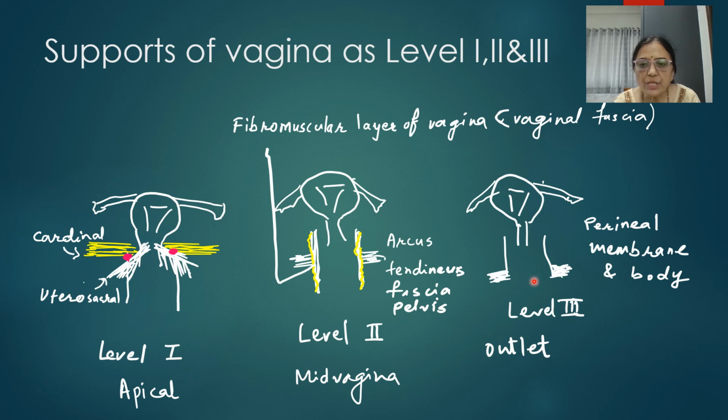For the lower one-third of the vagina, we have support by the perineal membrane, previously called the urogenital diaphragm, and by the perineal body, so it is a support at the outlet. The fibromuscular layer of the vagina was previously called vaginal fascia. Now it is called the fibromuscular connective tissue layer of the vagina.